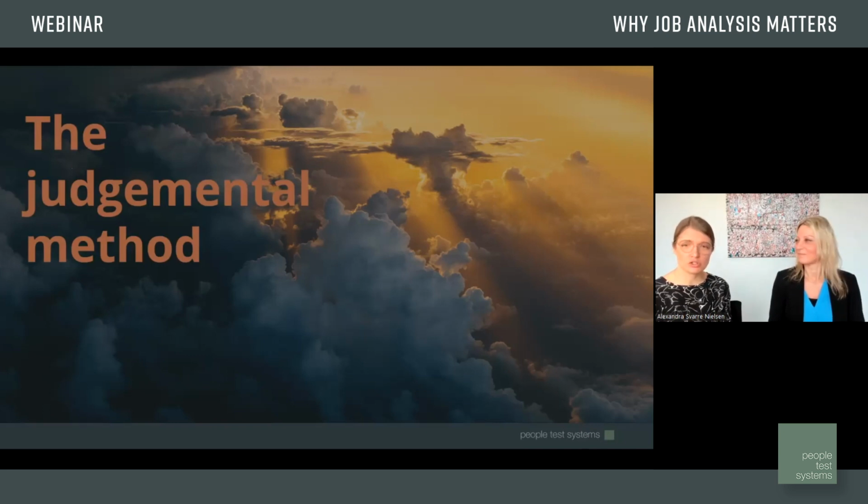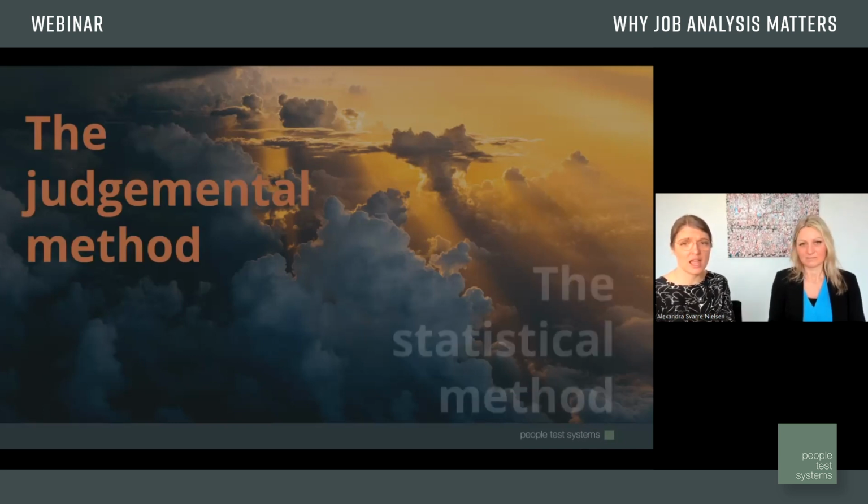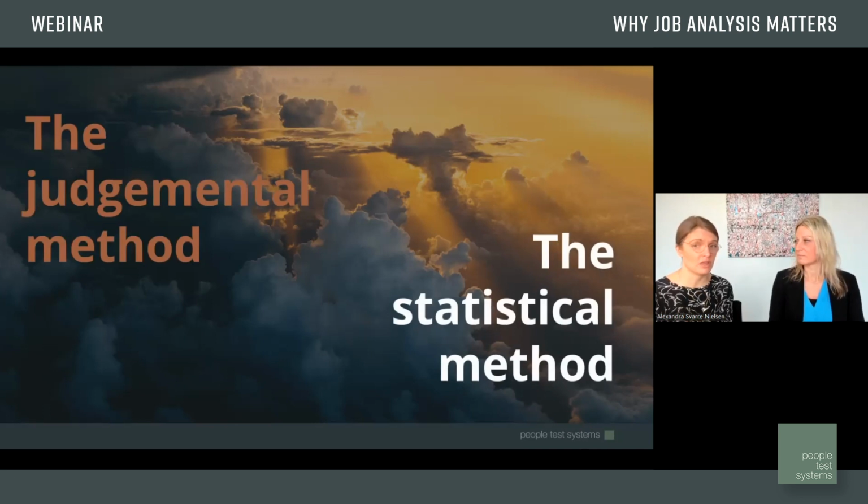So what research suggests is what they call the statistical method. It's not hard or complex. It's just about looking at the average of all the inputs that we have and then comparing candidates to that.